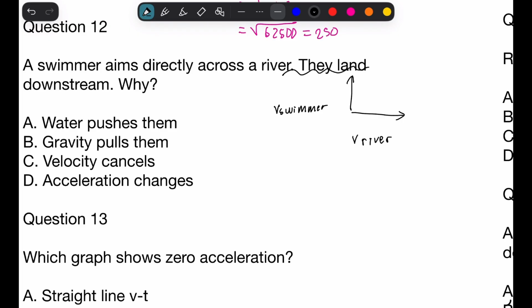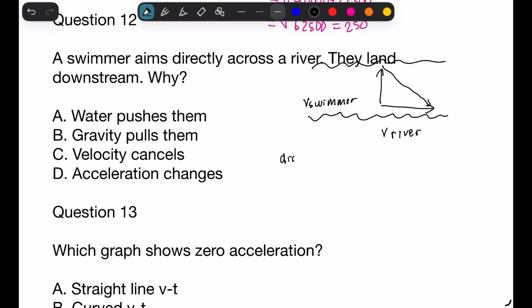So this is the water. That means that the resultant is going to be a diagonal down the stream. The reason why they end up down the stream is going to be because the water pushes them. The river's velocity is going to add to the swimmer's motion.